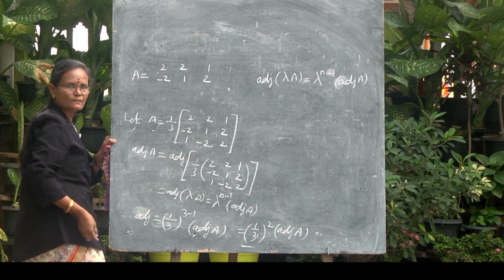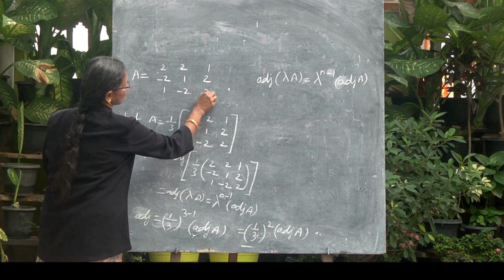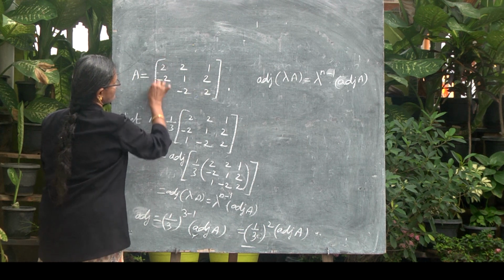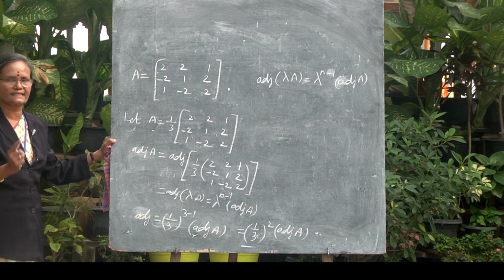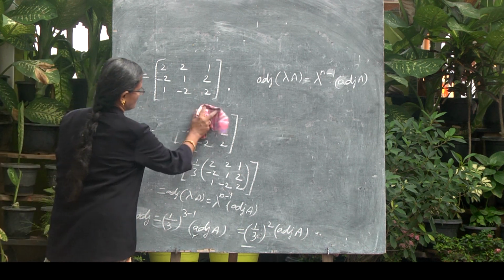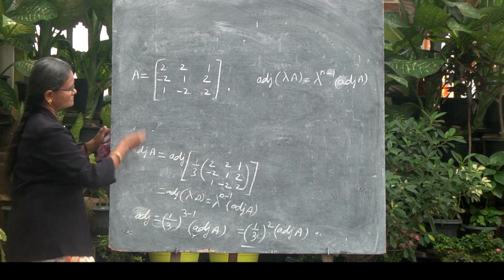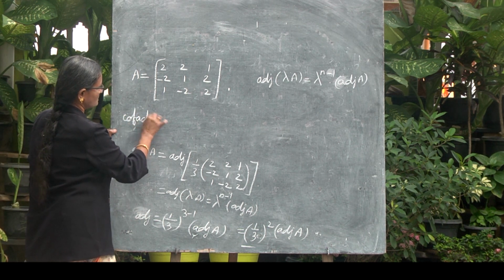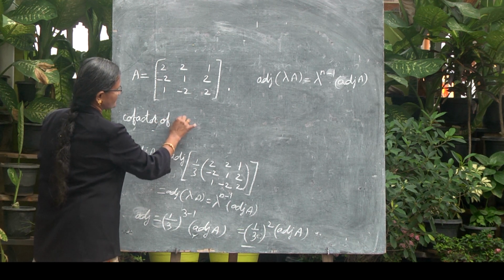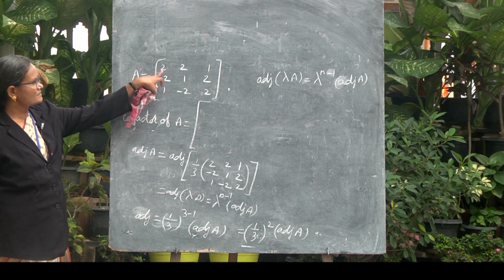What is the third row? 1, minus 2, 2. First of all, we can find the cofactor matrix. How can we find the cofactor matrix? Cofactor of A is equal to, what is the first element here? The first element is 2.